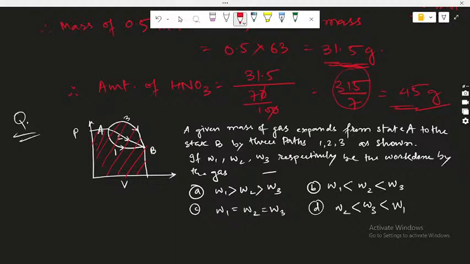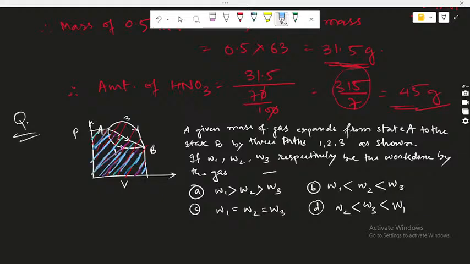If we take curve number 2, this is the area under curve 2. And under curve 1, this is the area under curve 1.